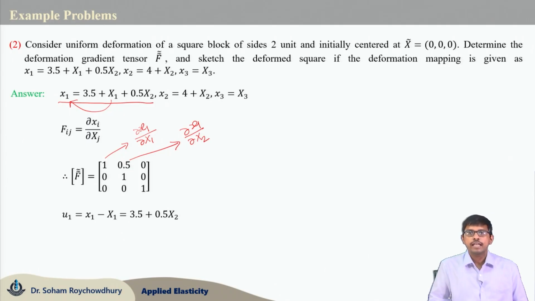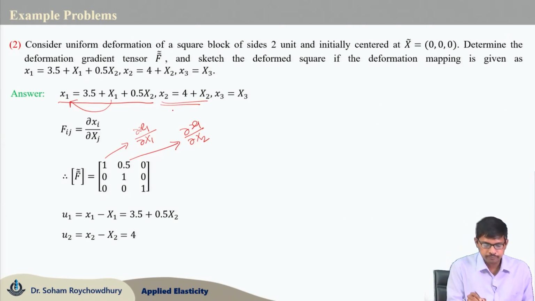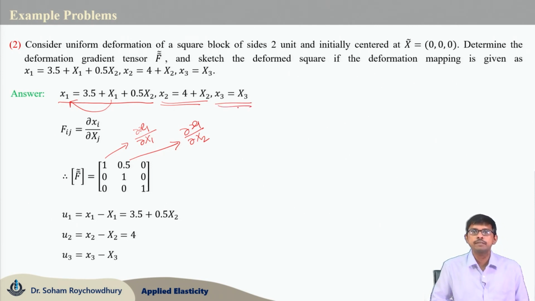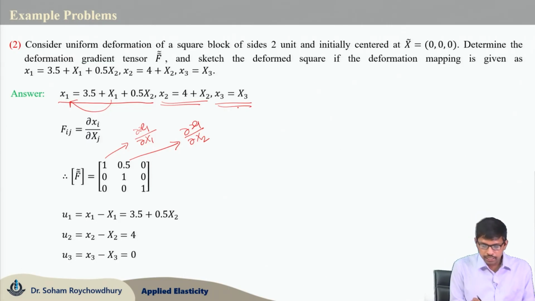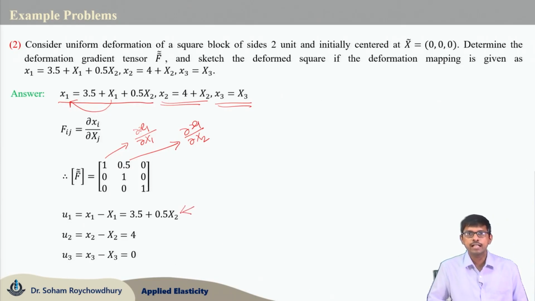In the same fashion, we obtain the second displacement component u2 to be a constant 4, and the third displacement component u3 as small x3 minus capital X3, which equals 0. So, only one displacement component is a function of the position vector X2; the other two, u2 and u3, are constants 4 and 0.